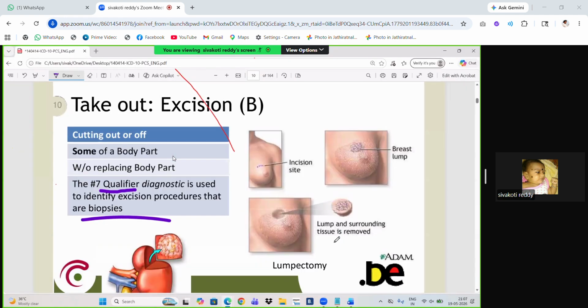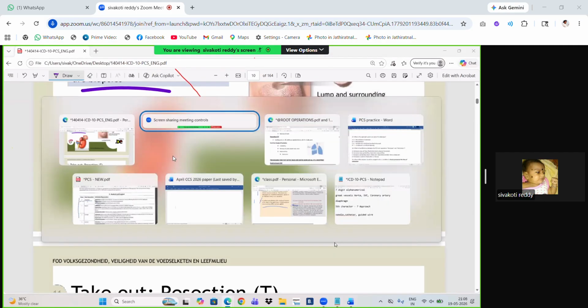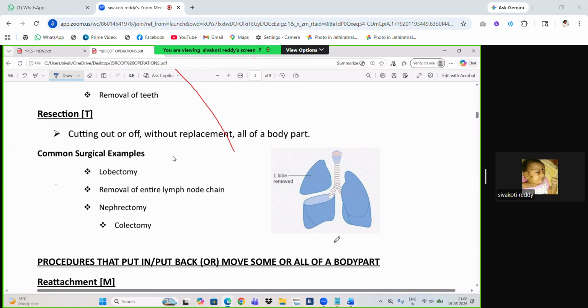If they do complete removal of the colon or a complete portion of the colon, we have different parts of the colon, right? Ascending colon, descending colon, sigmoid colon, transverse colon also. If they remove the sigmoid colon completely, resection. Ascending colon, transverse colon or descending colon, if they remove it also, it should be resection.